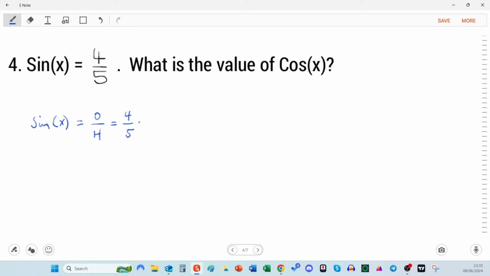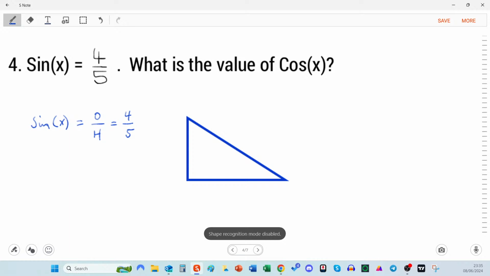So if we drew a triangle, like a right triangle, like so, and let's call this the angle x. That's the focus angle. The opposite would be 4, because that's opposite the angle. And the hypotenuse would be 5. And we can know everything we need about this triangle.